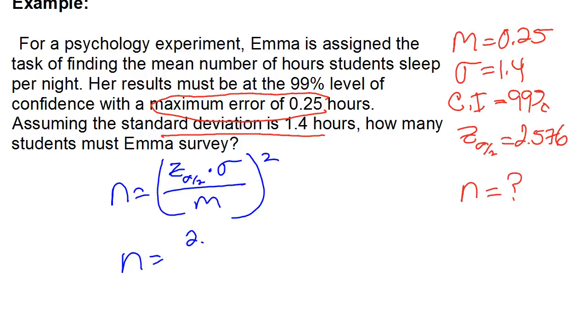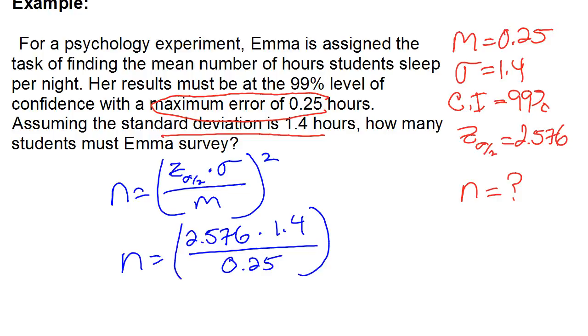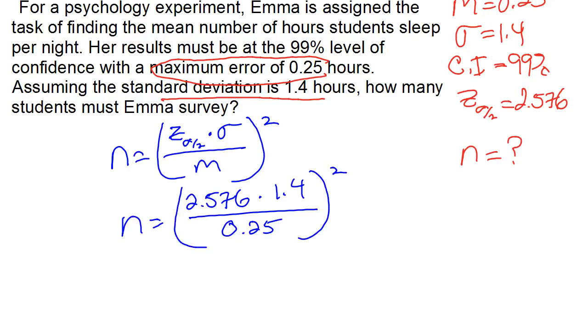So I'm going to use 2.576 times 1.4, not 1.6, 1.4, divided by 0.25, and I'm going to square that value.